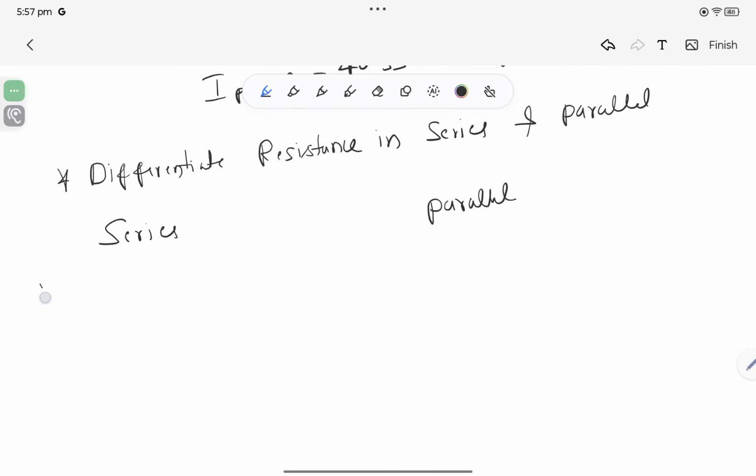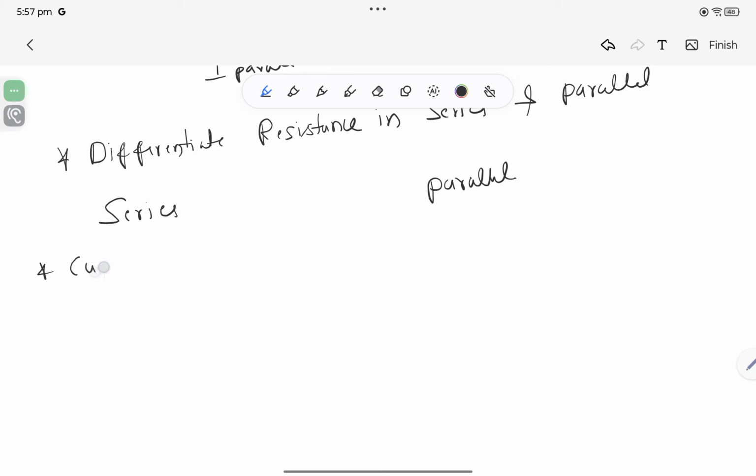In series, resistance in series, current remains constant. Here voltage remains constant.